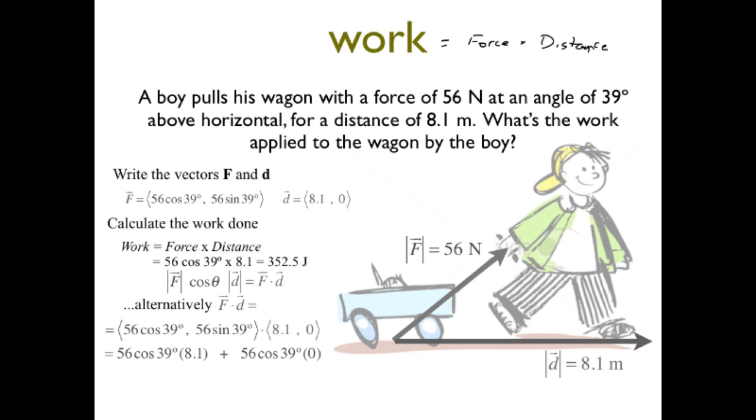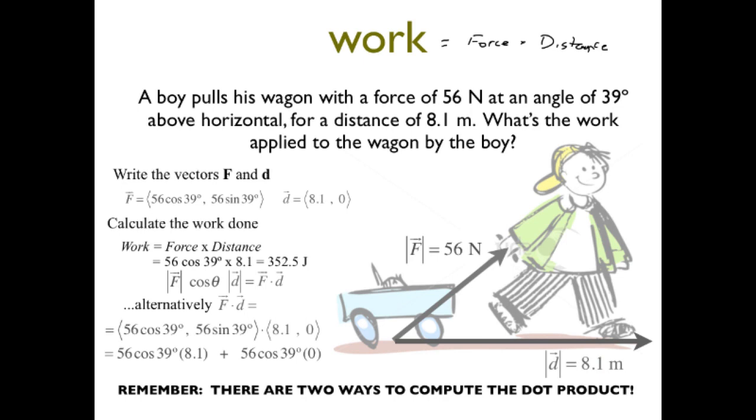This is a really important point: there are two ways to compute the exact same dot product. Lots of times I'll be watching a student work, and they know they need to find the dot product as part of a problem, and they're very fixed on, okay, I've got to get the magnitude of one of them, and the magnitude of the other, and the angle between them, and then I can get the dot product.